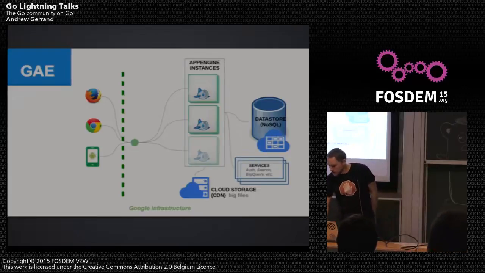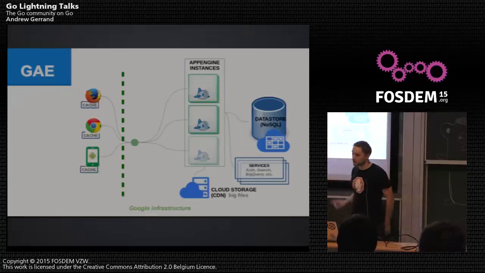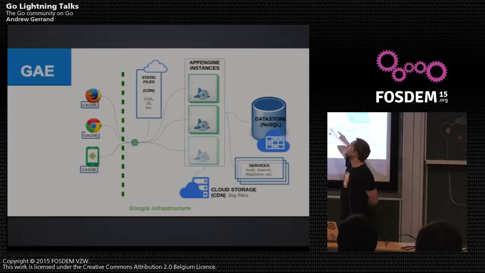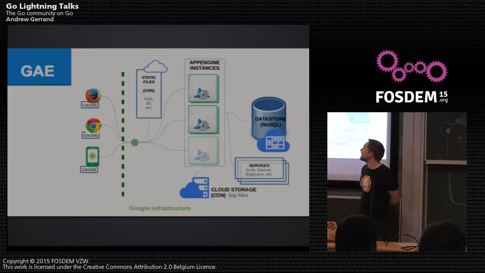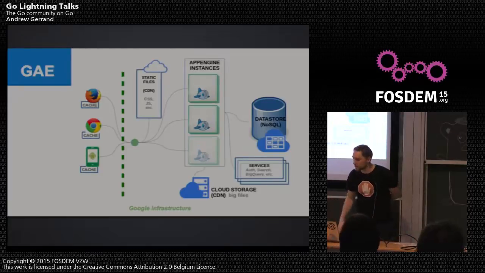For example, if the resource is already in the browser cache, no request at all, and it's very fast. And also, if it's a static file like JS and CSS, it should be flagged as such in your application, so it will be handled by a CDN-like static file server, and it's also distributed and very fast.